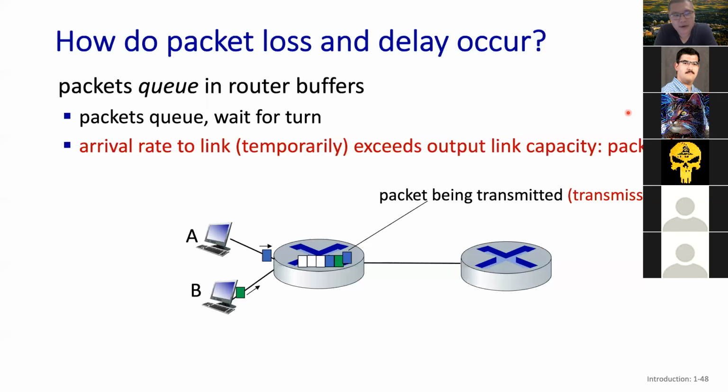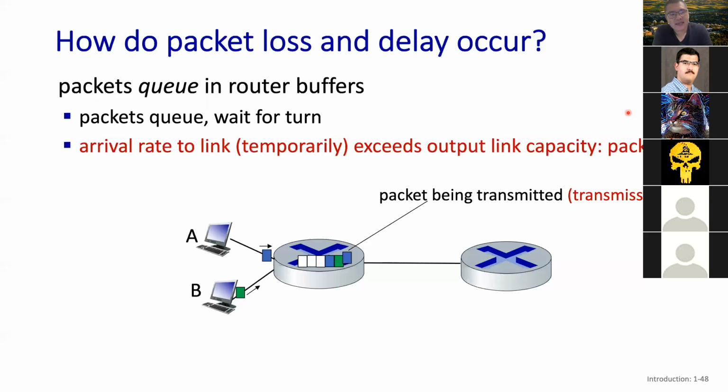You can see the packet being transmitted, and the transmission will introduce some delay. You still remember the transmission delay? The time is based on L, the number of packet bits, divided by R, the transmission rate or capacity. So L divided by R is the transmission delay.